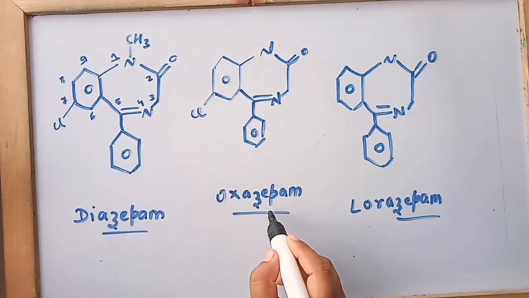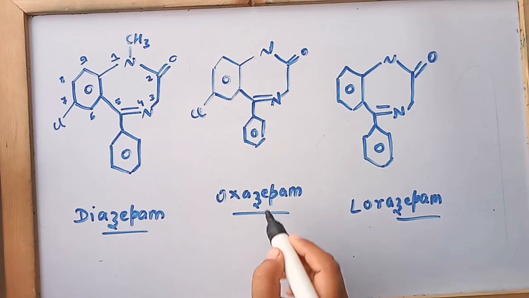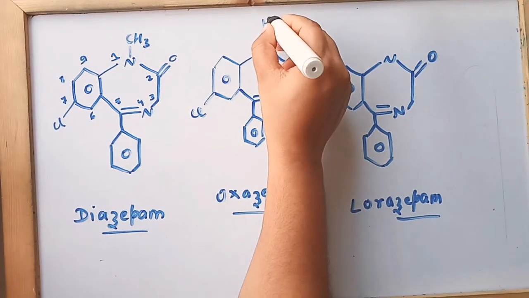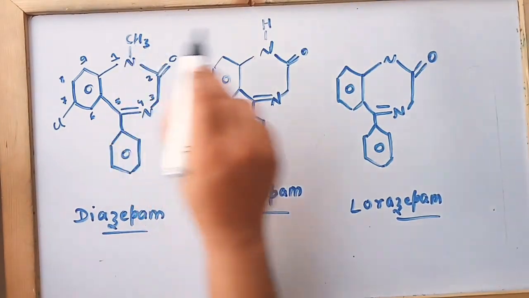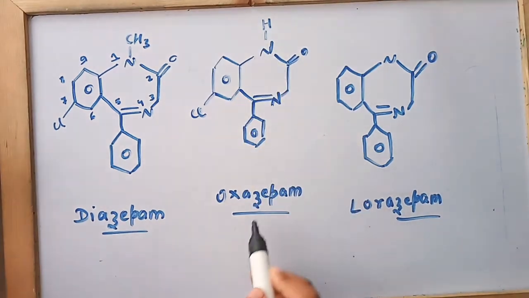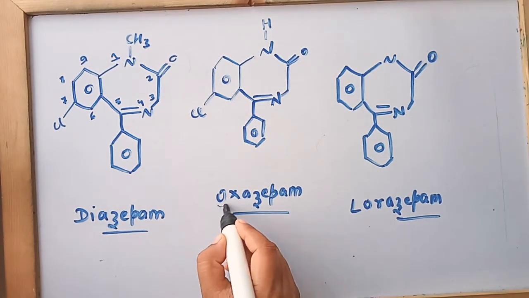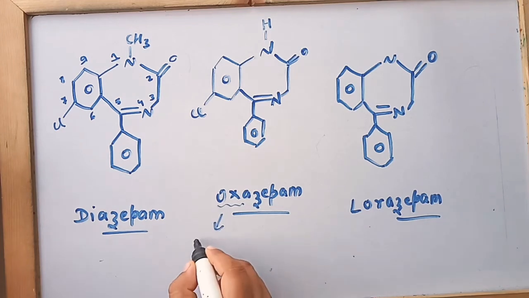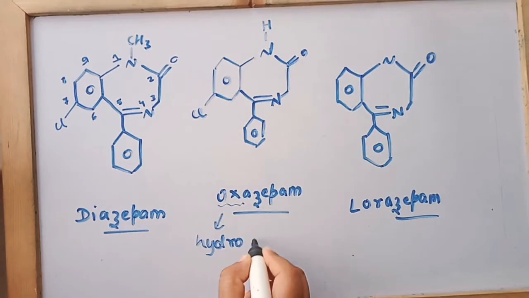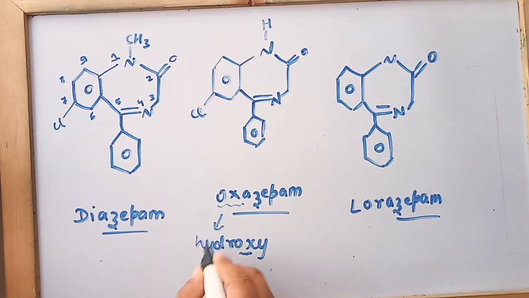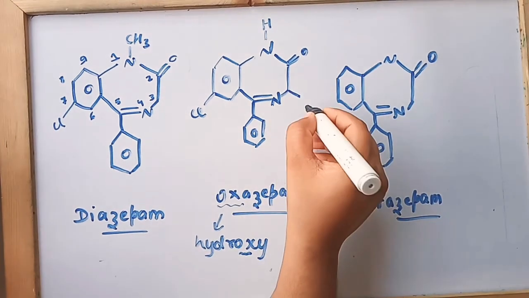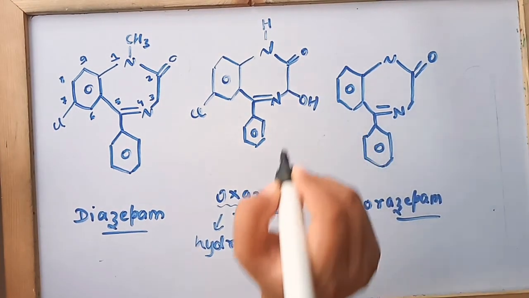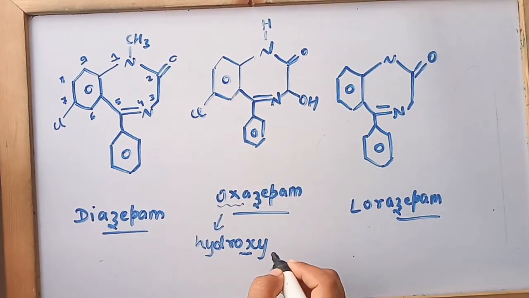Let's see oxazepam. For oxazepam, we have to add an NH over here. So instead of methyl we have an H substitution, and the word oxa means we have to add a hydroxy group. This place is vacant, so we'll add a hydroxy group over this. So this is the structure of oxazepam.